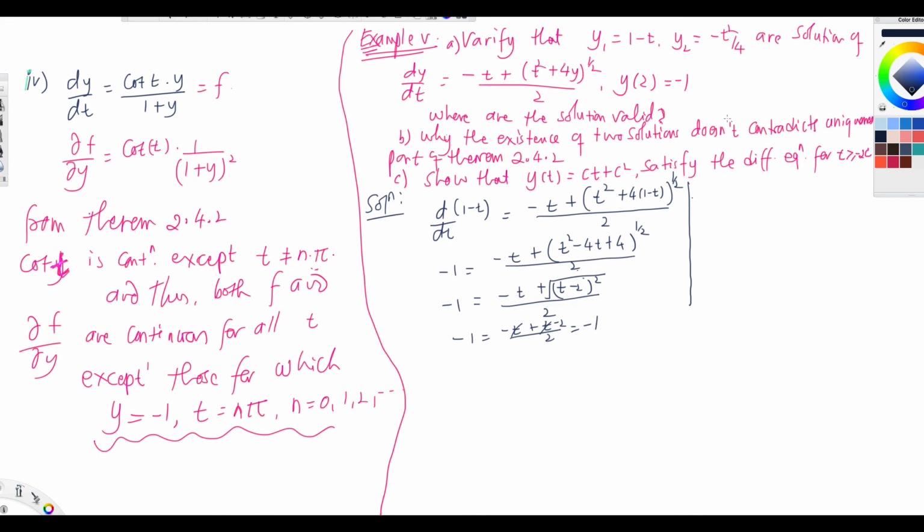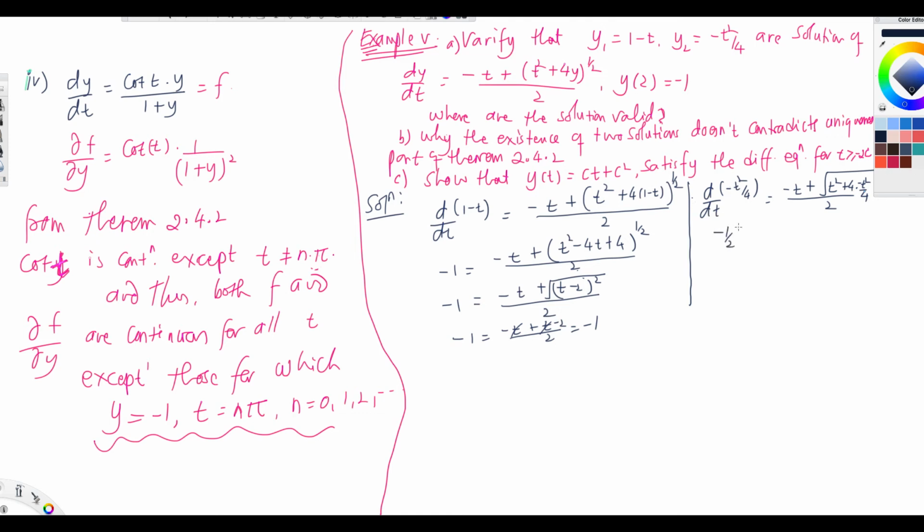the solution of this. Let's try for y2 equals negative t square over 4. So d over dt of negative t square over 4 equals negative t plus, let me write root under, that will be easier, the square root of t square plus 4 times negative t square over 4, right? That's what I'm replacing, y by y2, and divide by 2. So what do you get? You get the derivative of t square is twice t, negative twice t over 4 is negative t over 2, right?